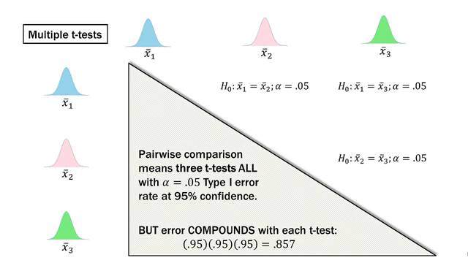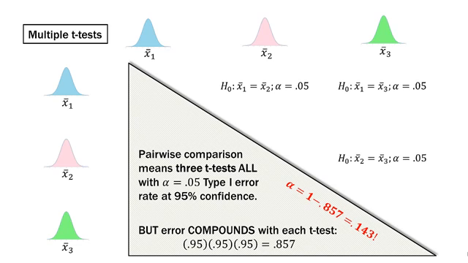So if we compared each possible pair, we would have 0.95 times 0.95 times 0.95. So our 95% confidence is now 0.857, or 85.7%. So of course our alpha is 1 minus that, so 1 minus 0.857 equals 0.143.